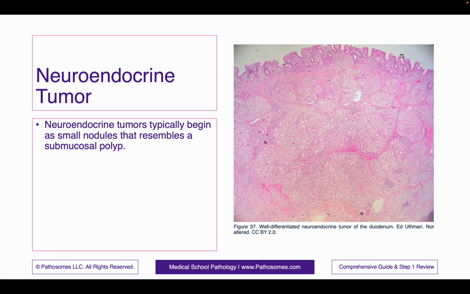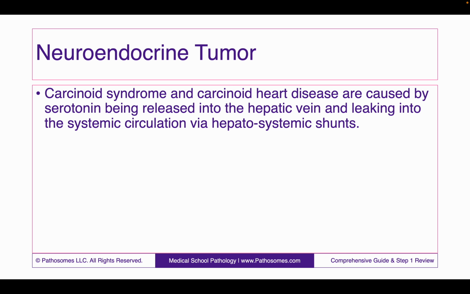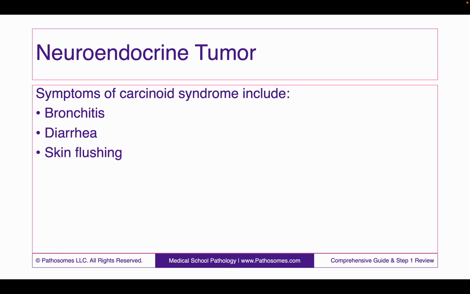And this serotonin can bypass, just skip, just transport past the liver metabolism when a carcinoid tumor spreads to the liver. And that will cause carcinoid syndrome and carcinoid heart disease. And that's caused by the serotonin being released into the hepatic vein and leaking into the systemic circulation via the hepatosystemic shunts. And you're going to get some symptoms with this, okay?